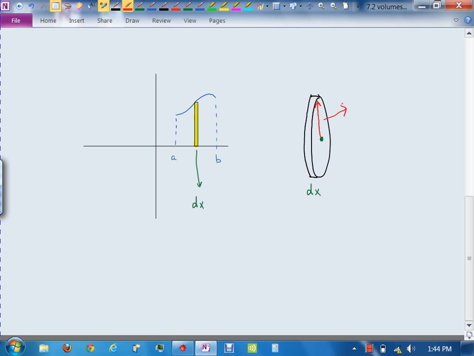What is the radius of that? F of x. That is the height of the function, rotated around, isn't it? You take that height, f of x, you rotate it around, that's the radius of the washer. And my x-axis goes through the center here like this. Everyone see that?